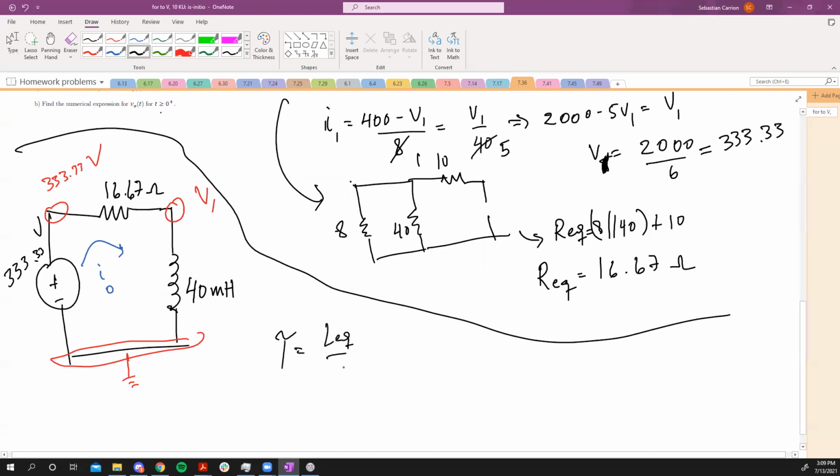Tau is L equivalent over R equivalent. So then 48 e to the -3 over 16.67 is going to be equal to 0.0024.